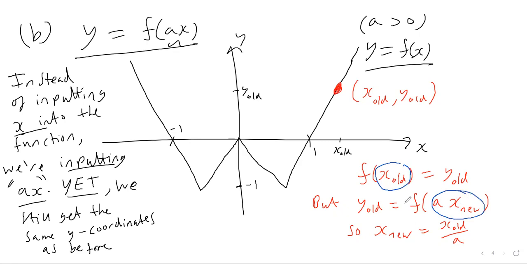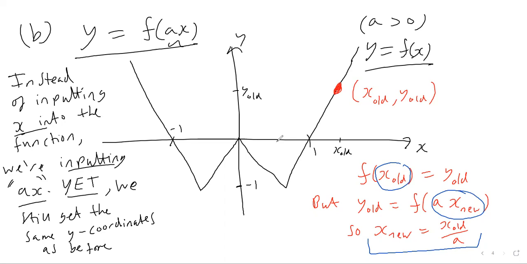If we rearrange this, dividing both sides by a, we get that x new equals x old divided by a. So we divide the old coordinate by a to get the new x coordinate.